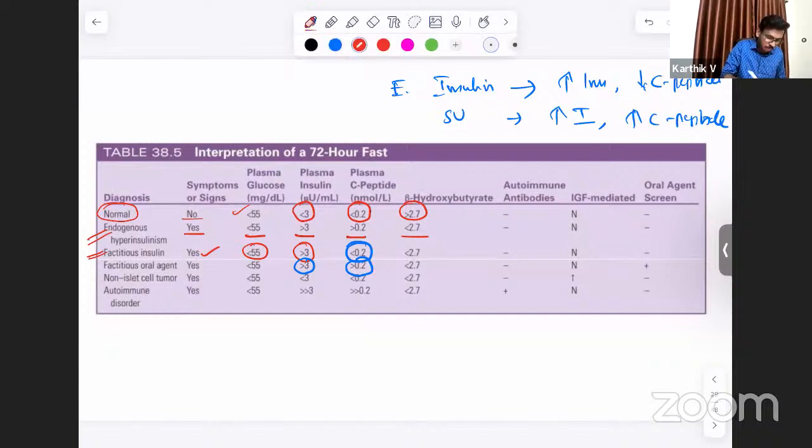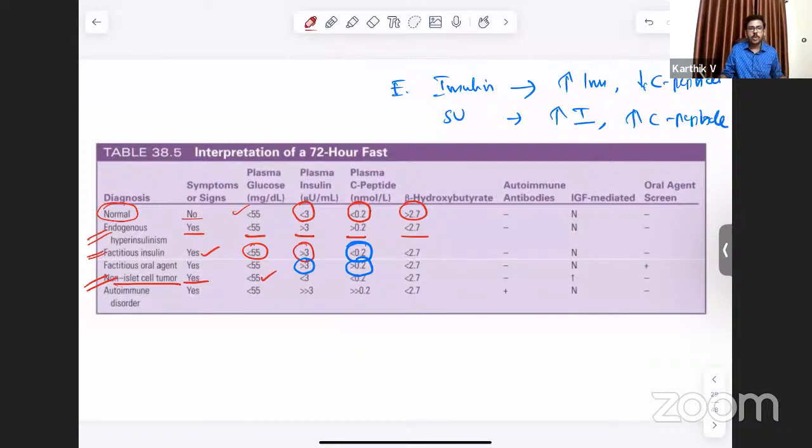Now, looking at one more cause that we have discussed, a non-islet cell tumor like a fibroma or a fibrosarcoma causing paraneoplastic hypoglycemia. They will have hypoglycemia, glucose levels are low, but the insulin levels are low.